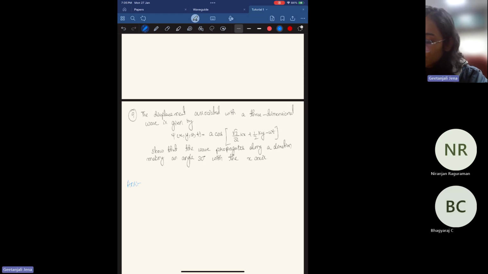So the question says, the displacement associated with a three-dimensional wave is psi of x, y, z, t equals a cos of root 3 by 2 kx plus half ky minus omega t.